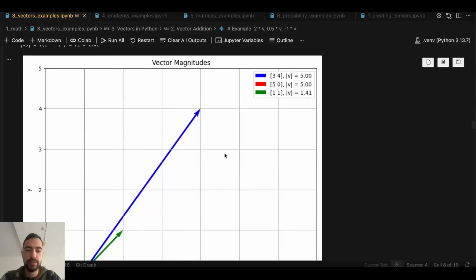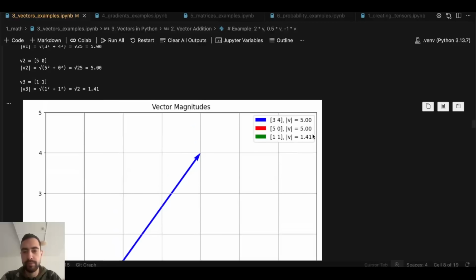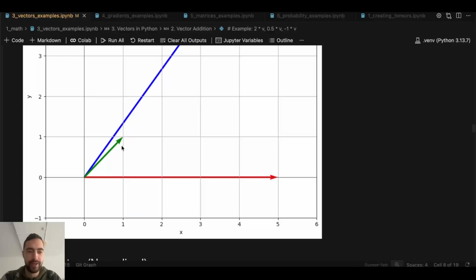Here are some examples. If we have vector 1, 1, the magnitude will be 1.41. So that's the length, the magnitude of the vector. You can see here that this is a bit longer than this 1 unit. So it's about 1.41. Here, for the vector 0, 5, the magnitude will be 5.